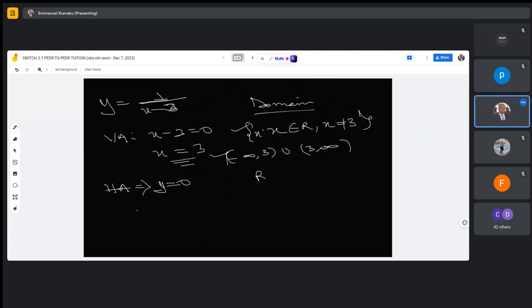Then the range. The range is all real numbers except the horizontal asymptote. So if you want to write the range, you can say the range y is such that y is an element of R, and y is never equal to what? 0. If you want to write it in this form, use a normal bracket, not a square bracket, because the square bracket has a meaning.